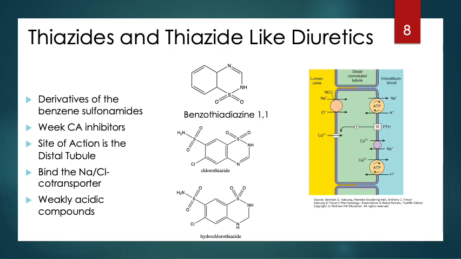In here, their site of action is mainly the distal tubule, not the proximal convoluted tubule, as we've seen in carbonic anhydrase inhibitors. And also, they bind to the sodium chloride cotransporter, and they are weakly acidic compounds. So let's take a look at what makes those compounds acidic and what that acidity actually adds to the property of those molecules.